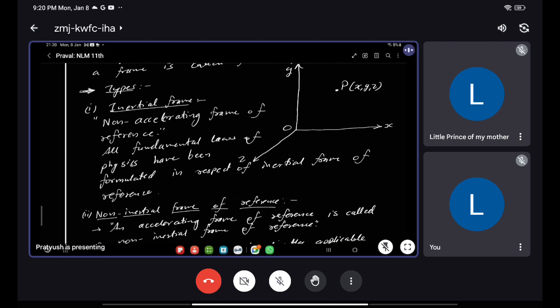That is called pseudo force. That pseudo force we have to take into account. Okay, so this pseudo force is there, it means acceleration is there. It means what? Non-inertial frame of reference is accelerated frame of reference.